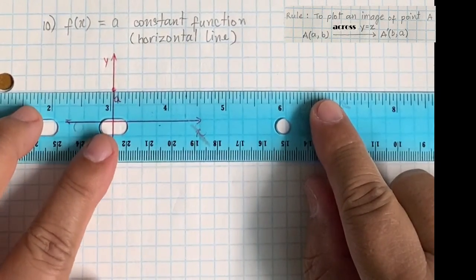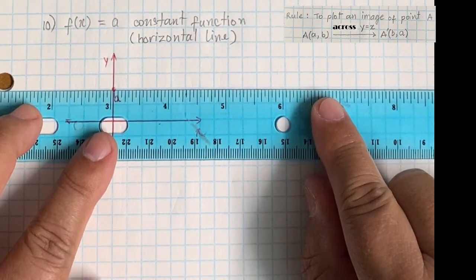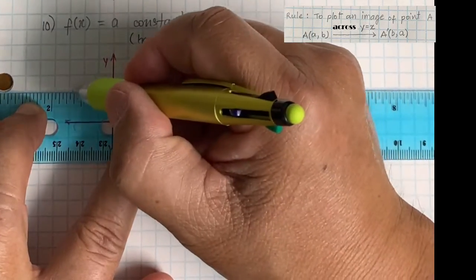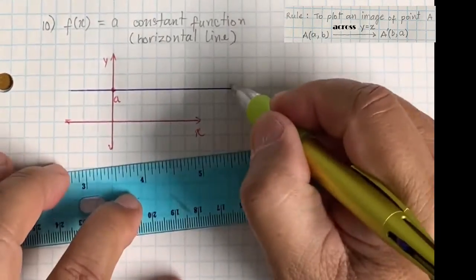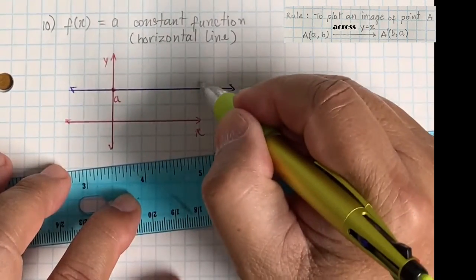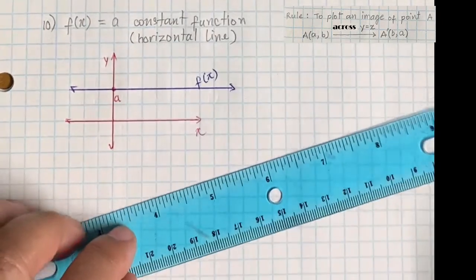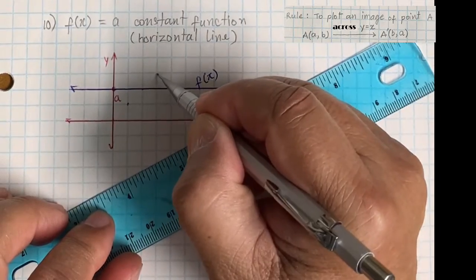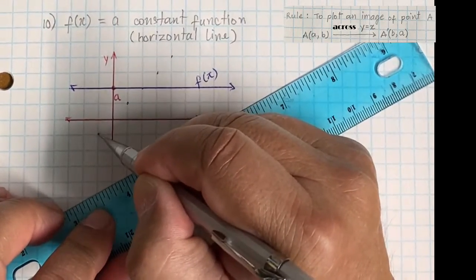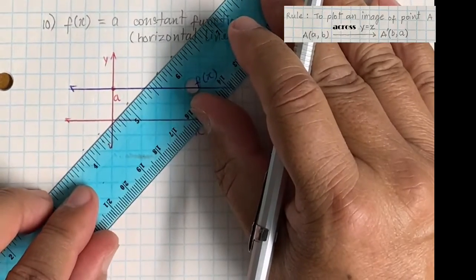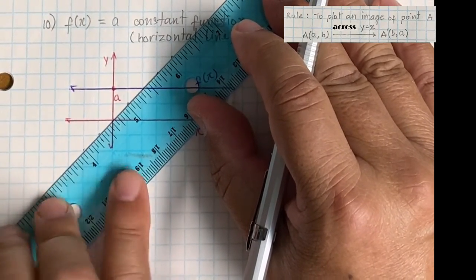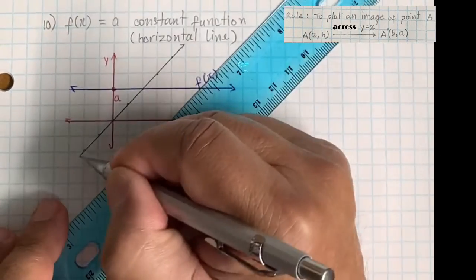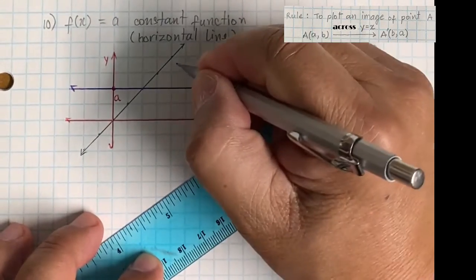So the function f of x is a horizontal line. That is f of x. Now, the line y equal x is this one right here.